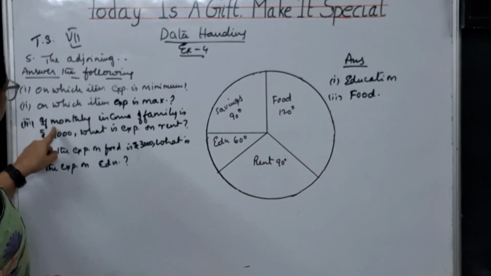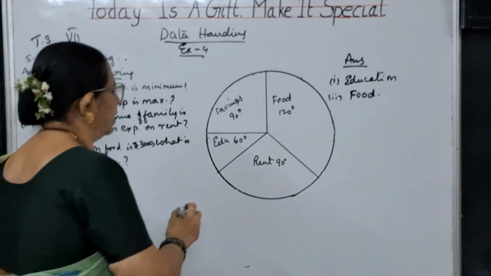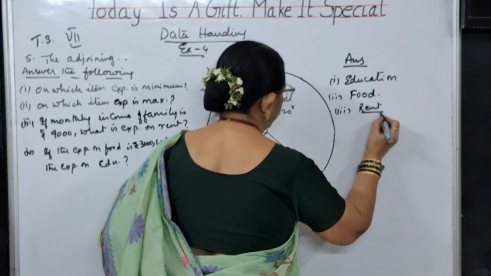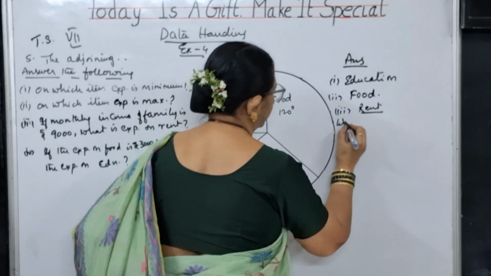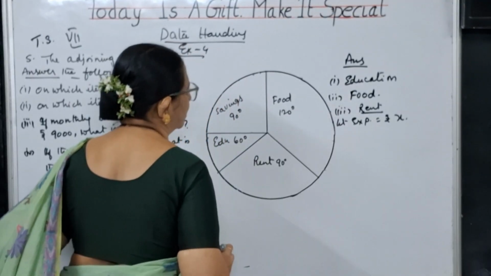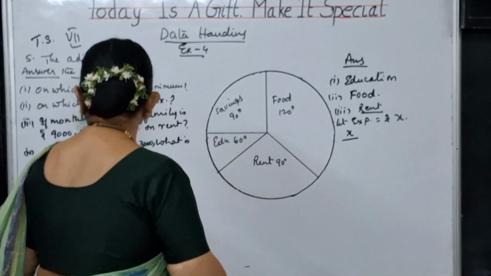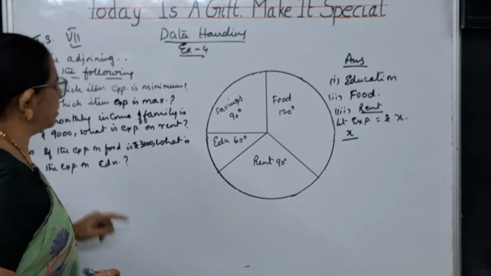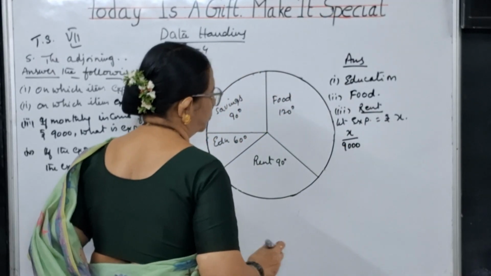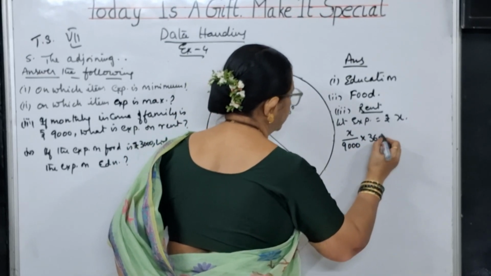Next, if the monthly income of the family is 9,000, what is the expenditure on rent? So let us calculate it. We are going to talk about expenditure on rent. Let the expenditure be rupees X. If it is X rupees expenditure, then X by the total, which they have given as 9,000 monthly income, into 360 degrees.